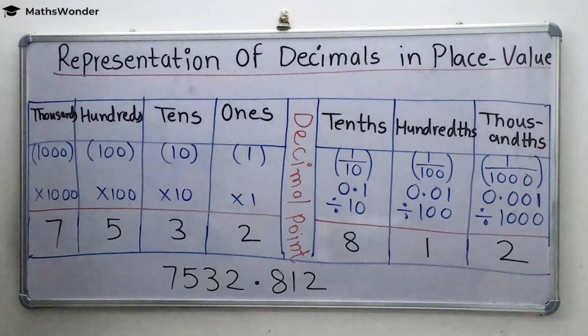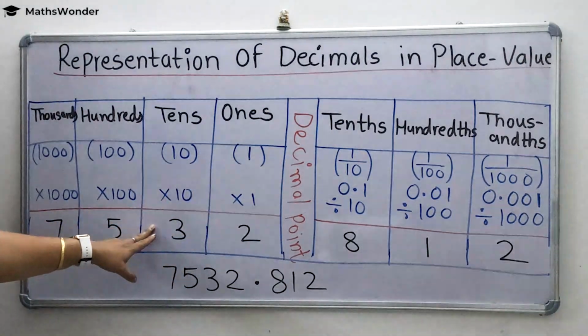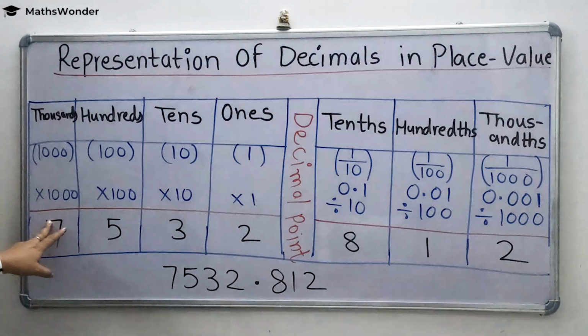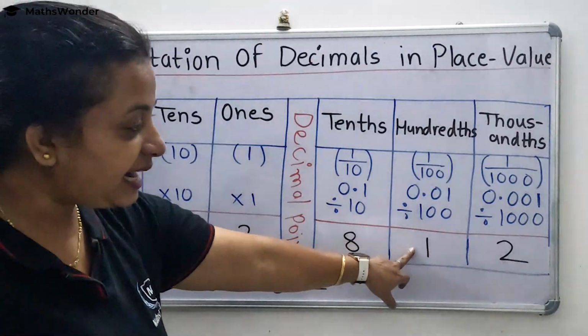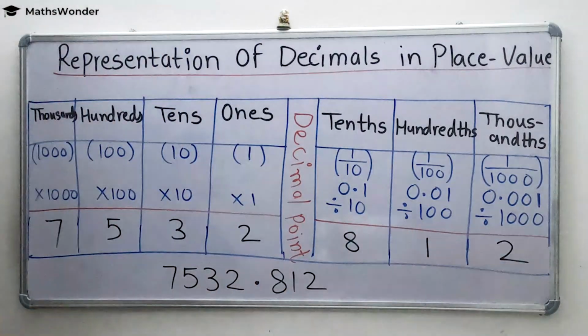Just as the digits to the left of the decimal represent ones, tens, hundreds, thousands, and so on, digits to the right of the decimal represent tenths, hundredths, thousandths. The sound is th. When you read it, the sound must be ths. Hundredth, thousandth, like that.